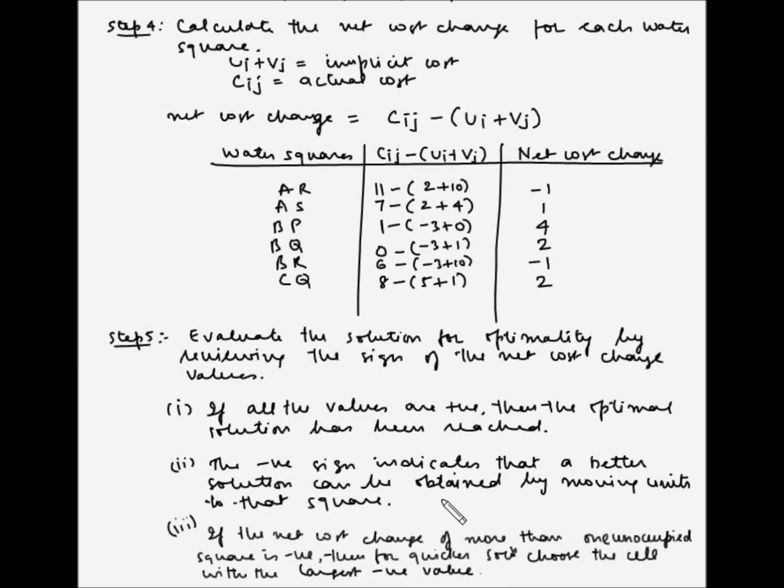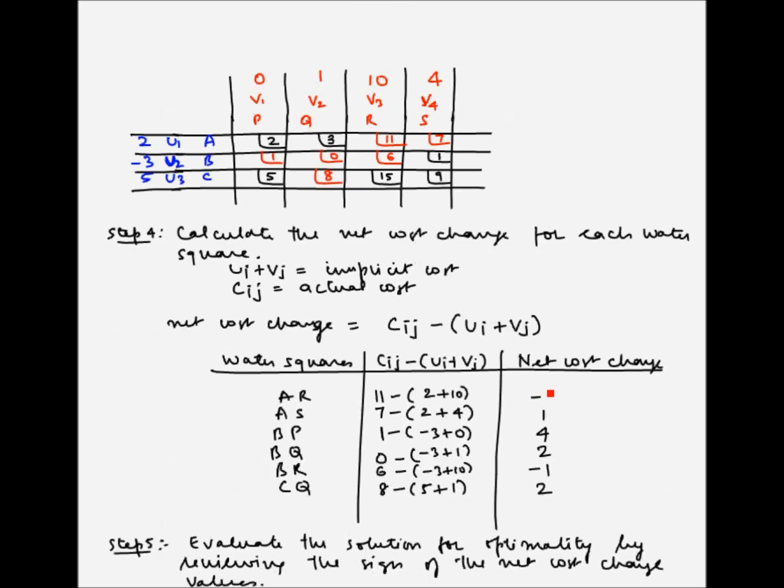So in our case, we have two cells which have the same net cost change value of minus 1. The first one is AR and the second one is BR. Now if you compare the net cost change values obtained in this modified distribution method with that obtained in the stepping stone method, you will note that these values are the same in both these methods.